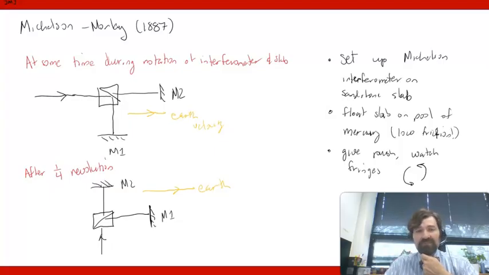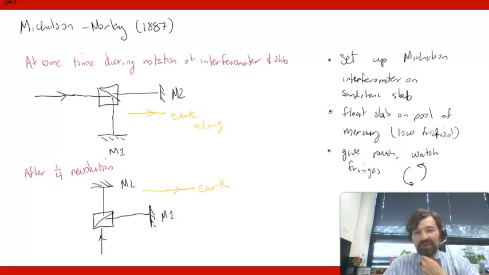So at some time during that revolution, if the Earth is moving, mirror M2 should be aligned parallel to the Earth's velocity and mirror M1 perpendicular. And then after a quarter revolution from that time, M2 will be perpendicular to the Earth's velocity and M1 will be parallel or anti-parallel.